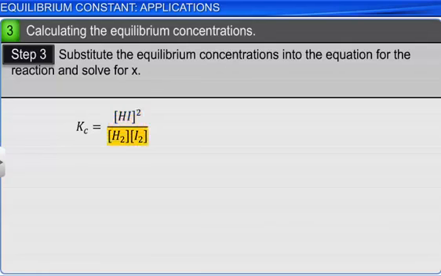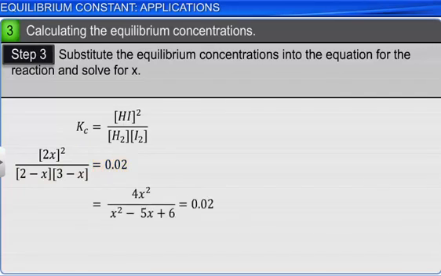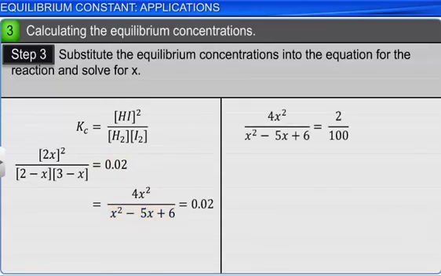On substituting the equilibrium concentrations and the value of the equilibrium constant in the equation, we get (2x)² divided by (2 minus x) multiplied by (3 minus x) is equal to 0.02. This is equal to 4x² divided by x² minus 5x plus 6. This can be written as 4x² divided by x² minus 5x plus 6 is equal to 2 divided by 100.